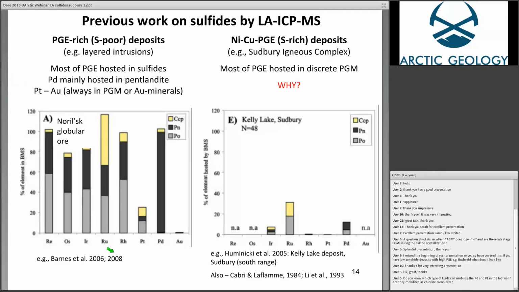The question of what kind of fluids move palladium and platinum. Yes, at Sudbury, a lot of work has been saying there are chlorine complexes doing this. It's difficult to see because you never see the chlorine actually with the PGE. They never crystallize together.